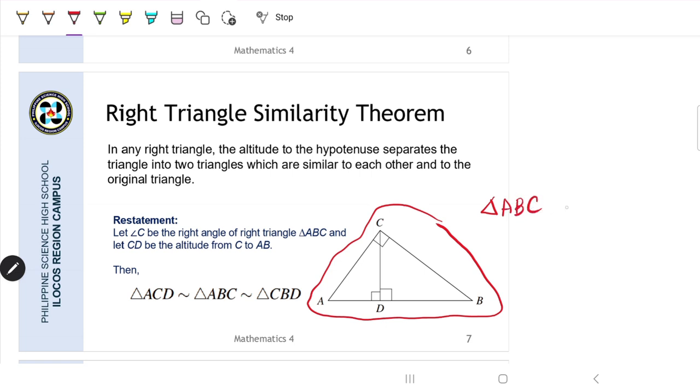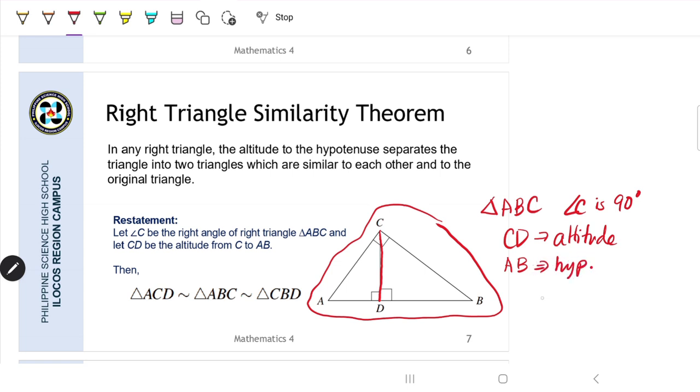So in triangle ABC, angle C is 90 degrees. And then we have segment CD, and this segment CD is called the altitude. So this is the altitude to our hypotenuse, and our hypotenuse here is AB.